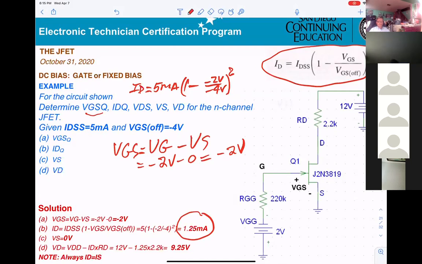You get that? Okay. What does VS equal? S connects directly to the ground.